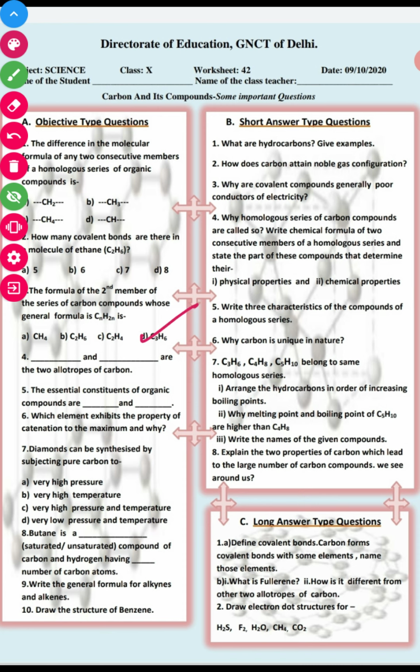Okay, so the fourth question: dash and dash are the allotropes of carbon. Yes, graphite and diamond. So you can write diamond and graphite, right? The essential constituents of organic compounds are nothing but carbon and hydrogen.